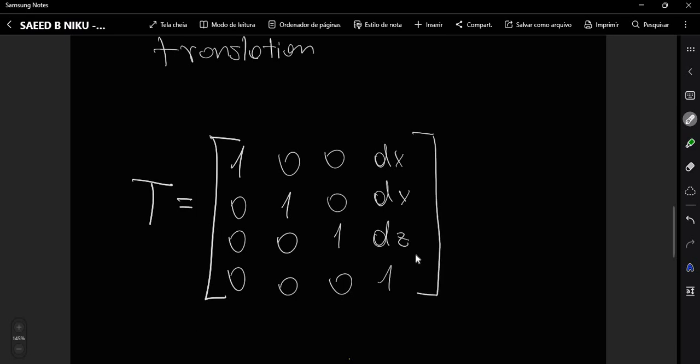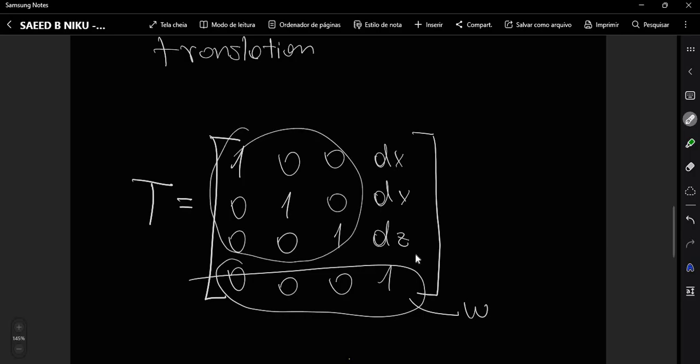As I said in the last video, we add this fourth row, which is the scale factor W, and this scale factor has influence on all these elements.